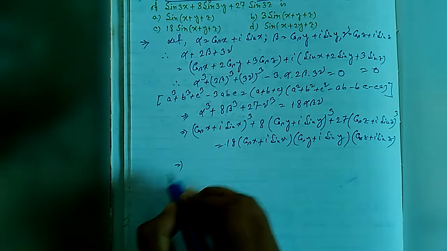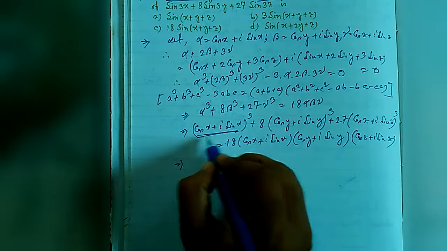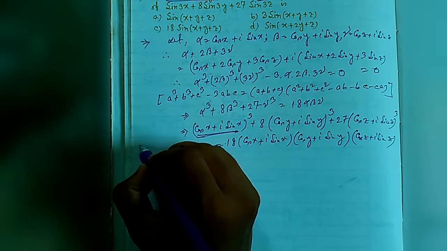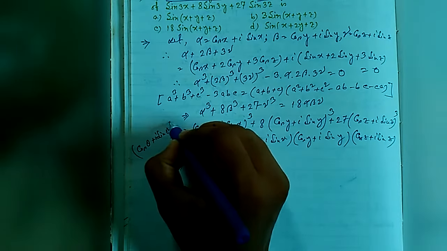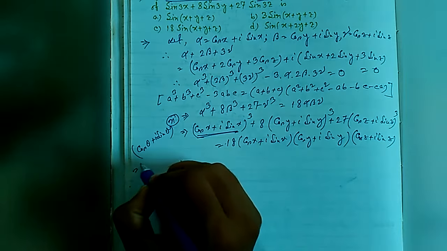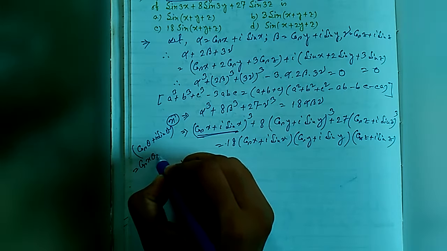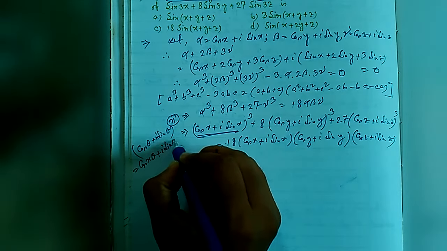From De Moivre's theorem, cos theta plus i sin theta whole to the power n, when n is an integer, equals cos n theta plus i sin n theta.